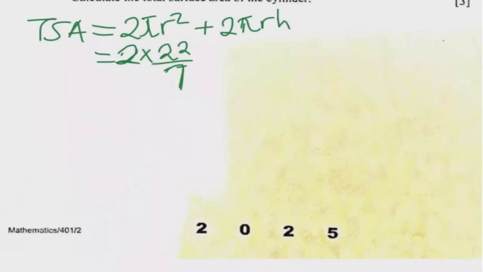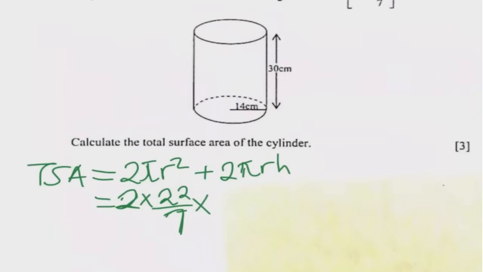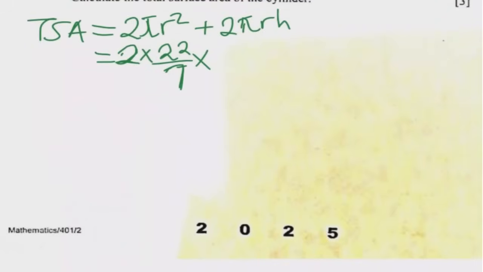Okay, then times radius. What is the radius? Now look at this statement here. We are told the radius is 14, so we say times 14 squared. Let me just write it properly.